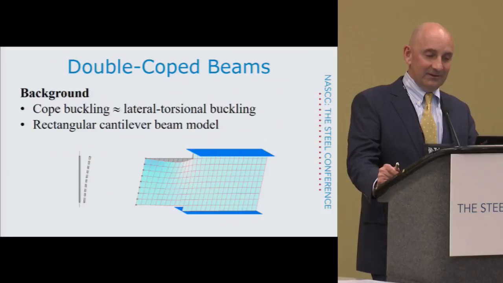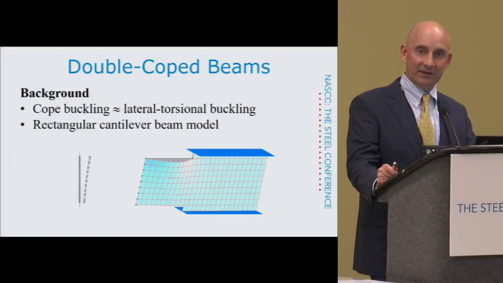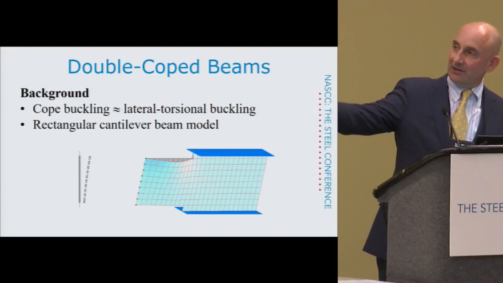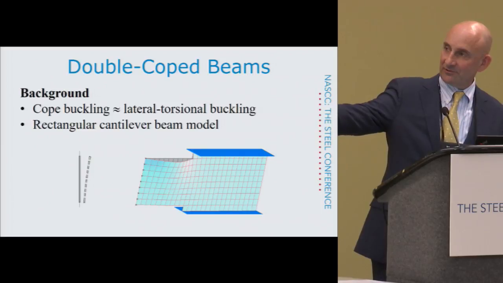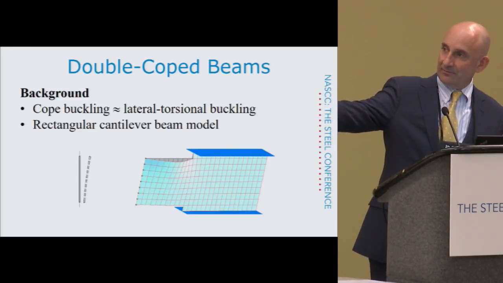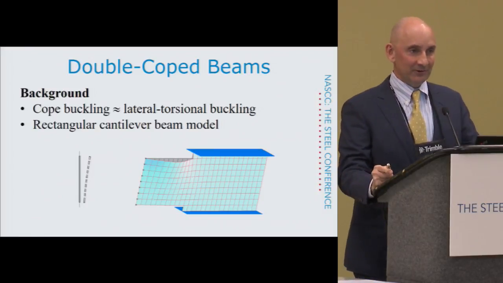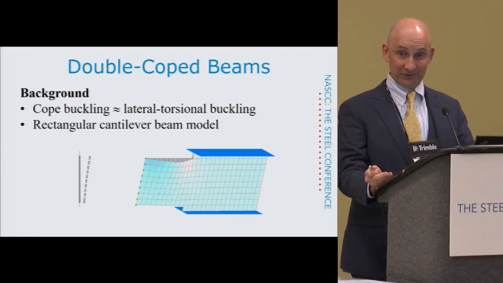If you look at the way these double cope beams buckle, you can't really tell from this buckled shape, but if you cut a section straight through the worst part and show the side view, there's the non-buckled shape on the left, and if you look at the centroid, you have lateral translation and twisting of the cross-section, which is a traditional lateral torsional buckling failure.